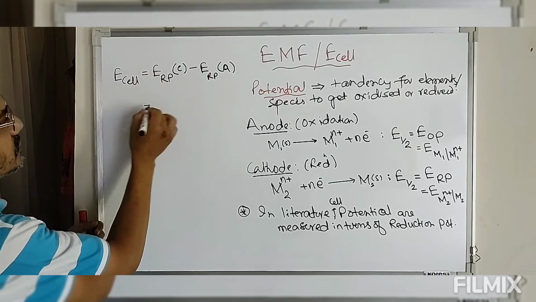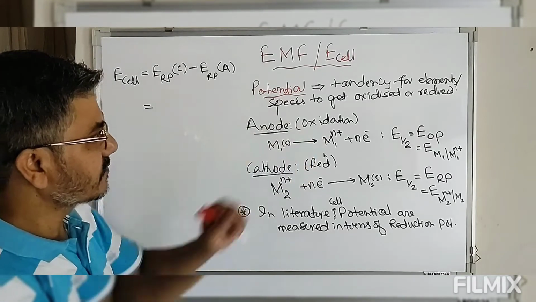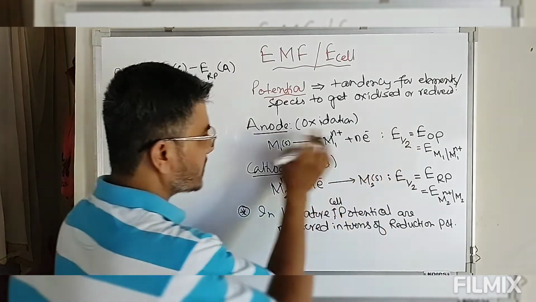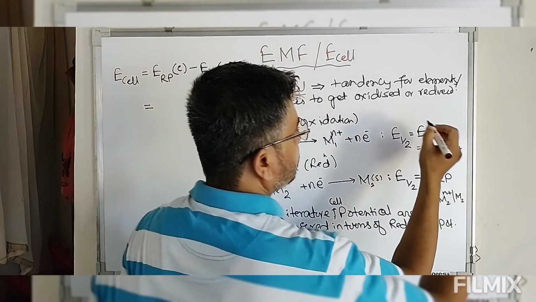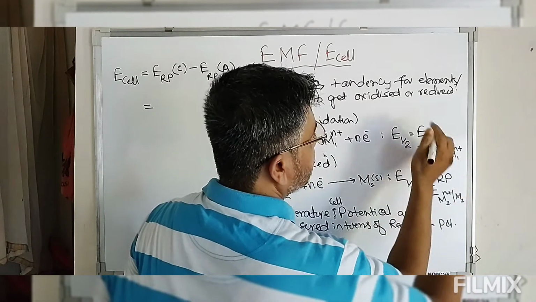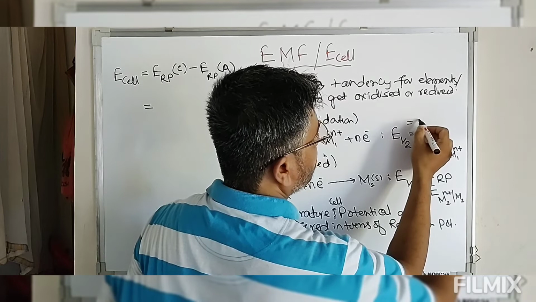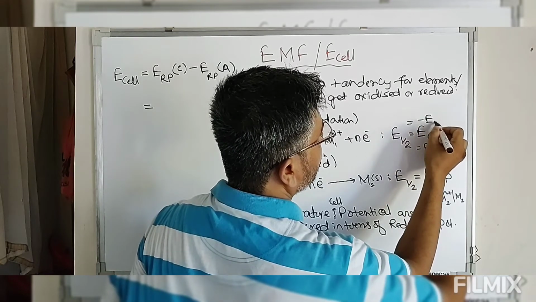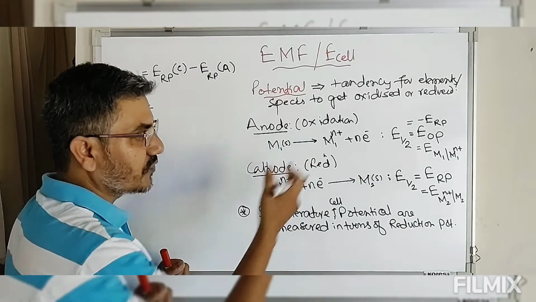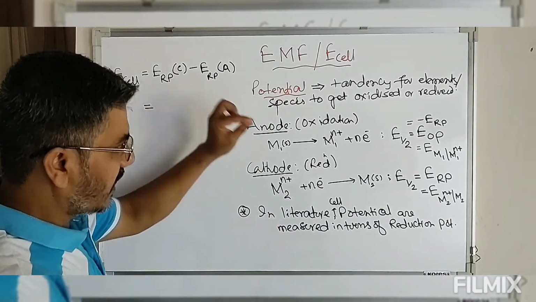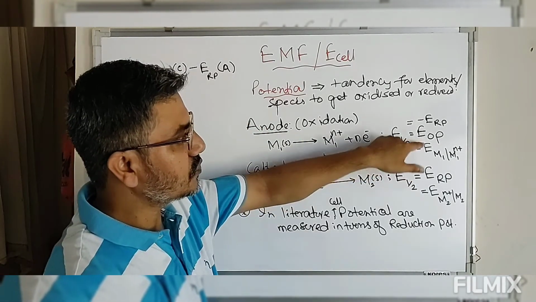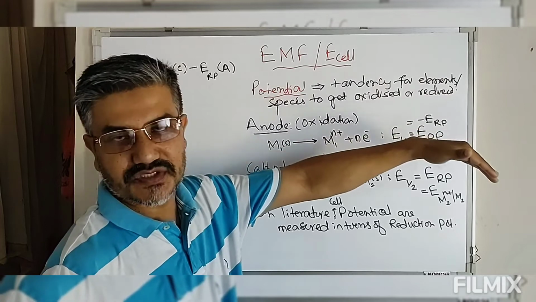Now this can also be written differently, since we have this oxidation and we have this reduction. The oxidation potential for the same half cell is equal to minus the reduction potential. If I have to express it in terms of reduction potential, for a half cell the oxidation potential is equal to minus the reduction potential.